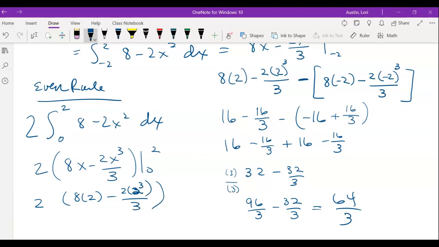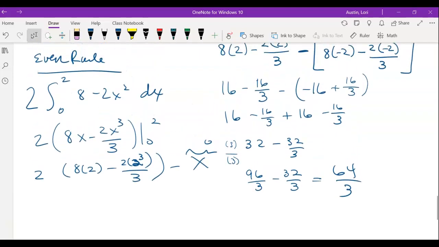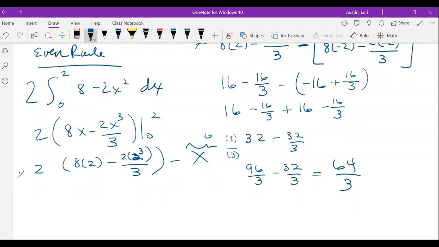Oh, I don't have to do the lower limit because what happens when I plug in the 0? It all goes to 0. So look at it. I have this much math work to do versus this much math work to do. 2 cubed, 8.